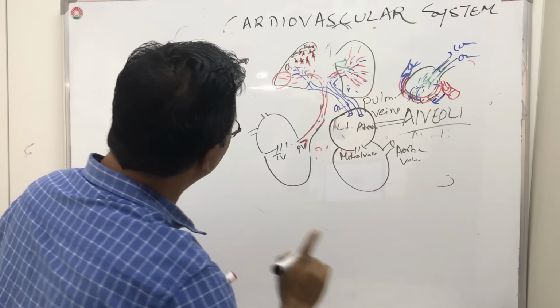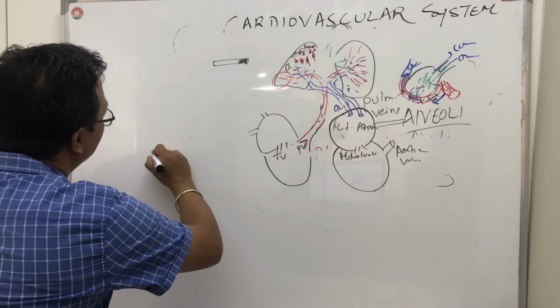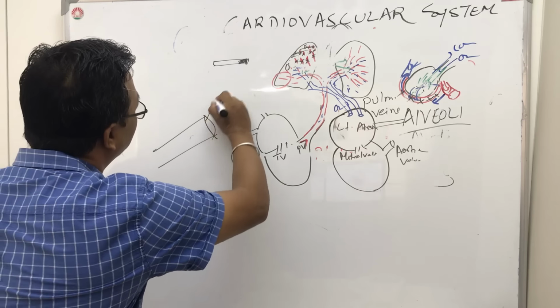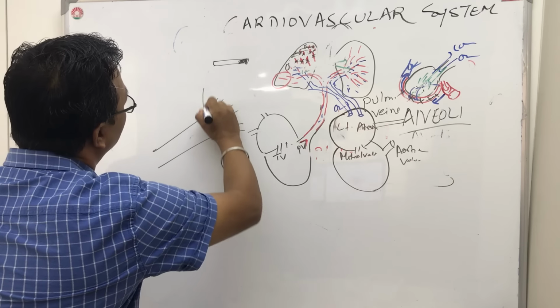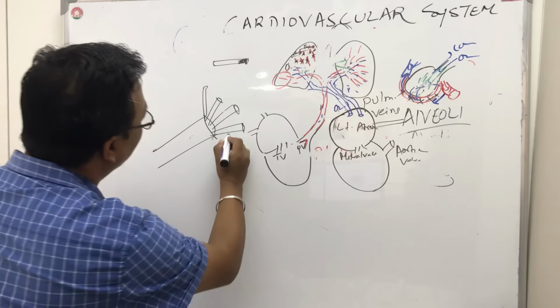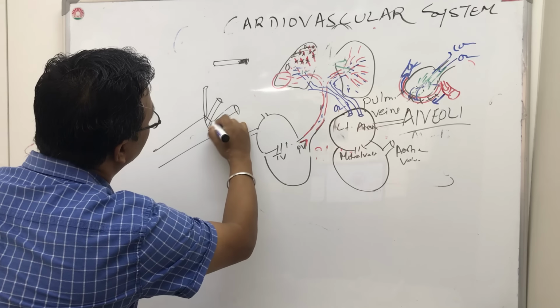Now imagine a situation. I am giving a situation here. Look here carefully. So this is a big vessel, and then I am making it into small ones. Now I am closing this one. This one I have closed. This one I have closed.